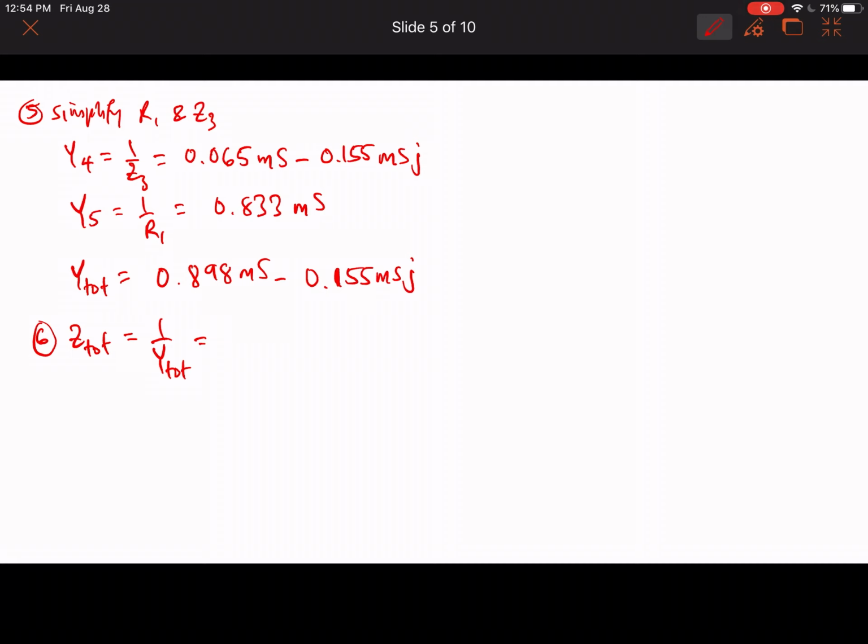So this will be equal to 1.08 kilo ohms plus 187 ohms j hat.